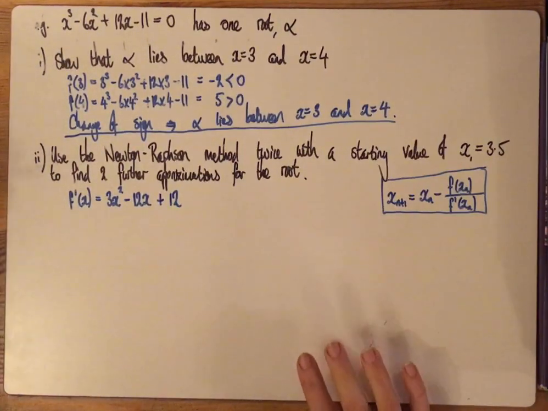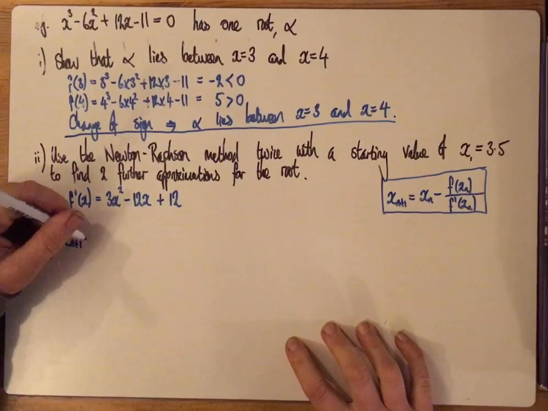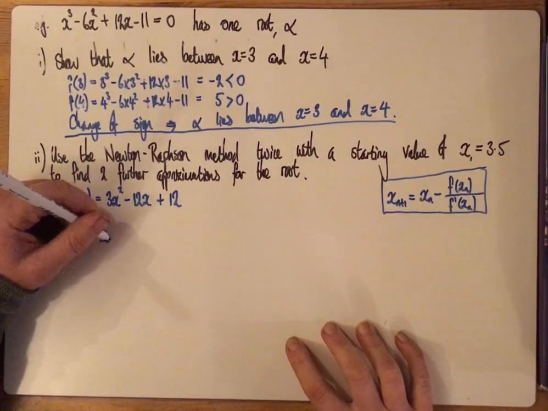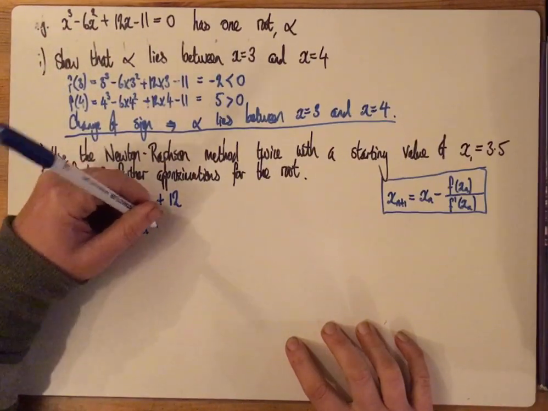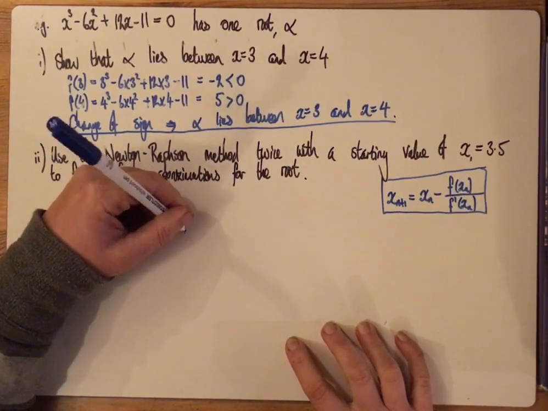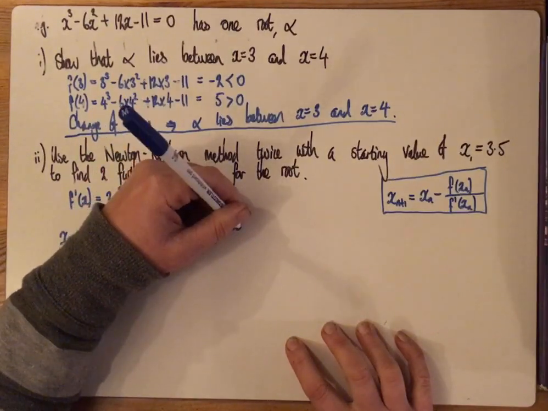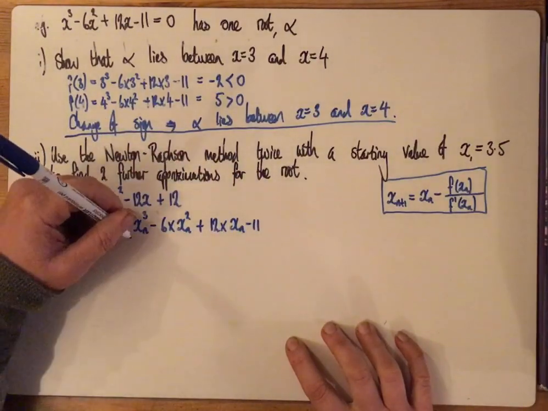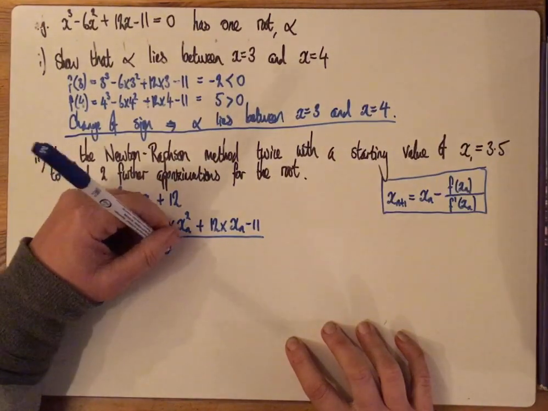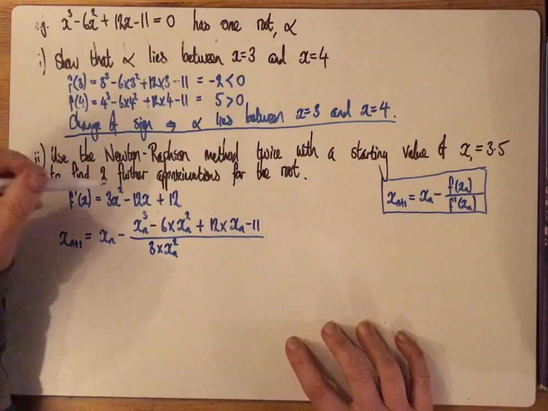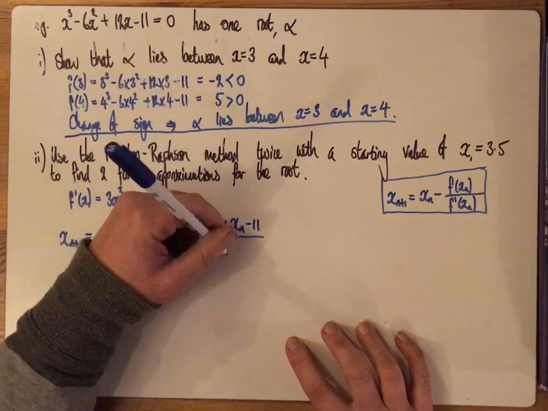So from there, I can set up my formula. So xn plus 1 is xn minus f of xn all over the gradient at xn, so it's 3 times xn squared minus 12 times xn plus 12.